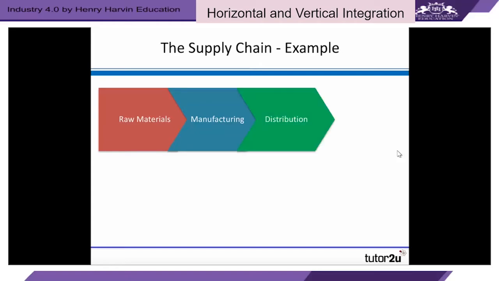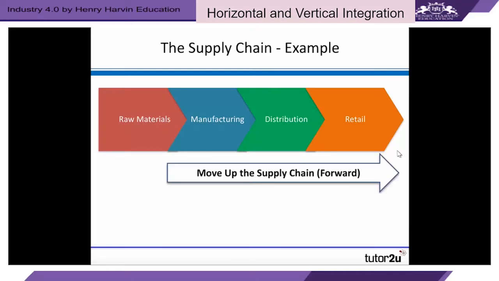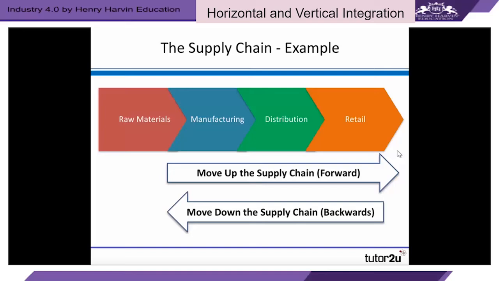The output from a manufacturing process might then go to distributors, and those distributors in turn are likely to pass the finished goods onto retailers and then onto final consumers like you and I. That is an example of the supply chain working from left to right, from raw materials to manufacturing, onto the distributor and finally onto the retailers. In terms of integration, a business may decide to try to move up the supply chain, or forward. Of course, it could also move down the supply chain, or backwards.